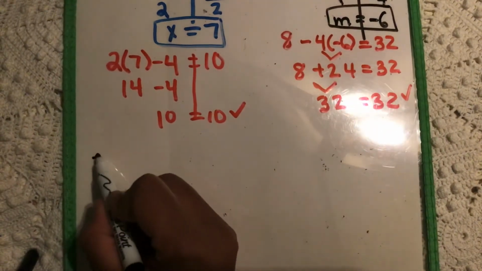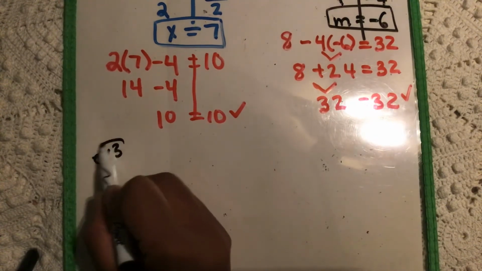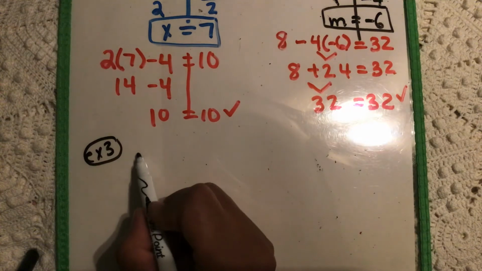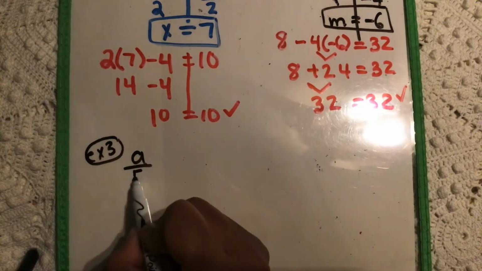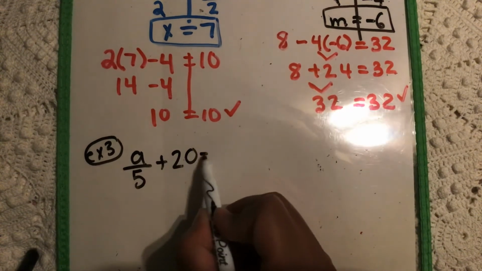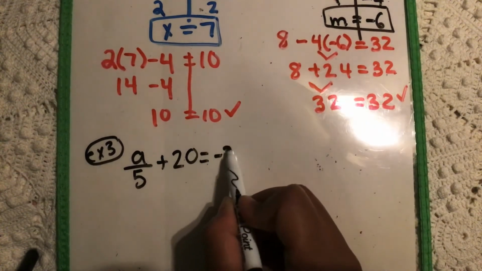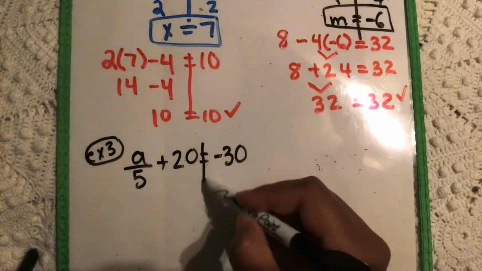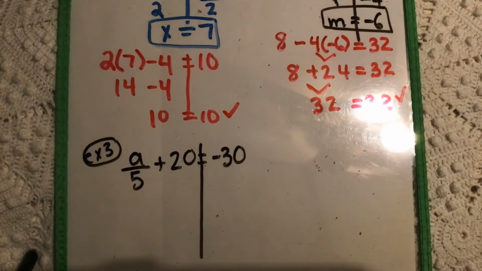We haven't done that yet. Example 3. I'm going to say a over 5 plus 20 equals 30.